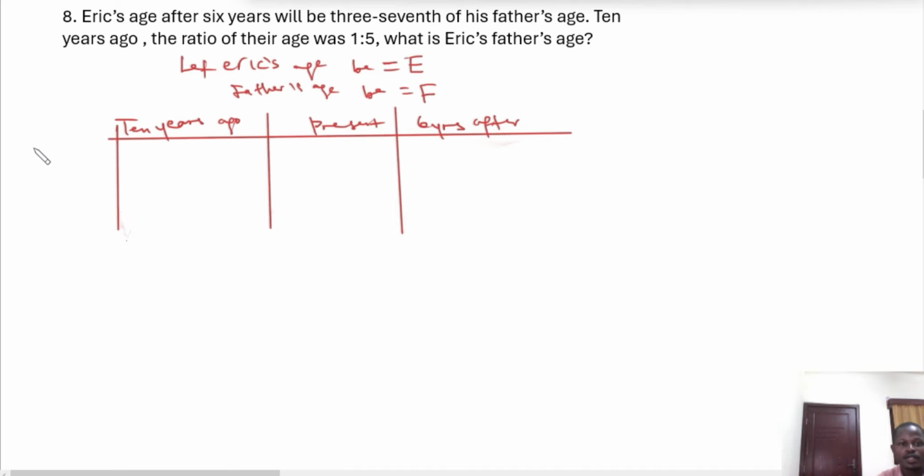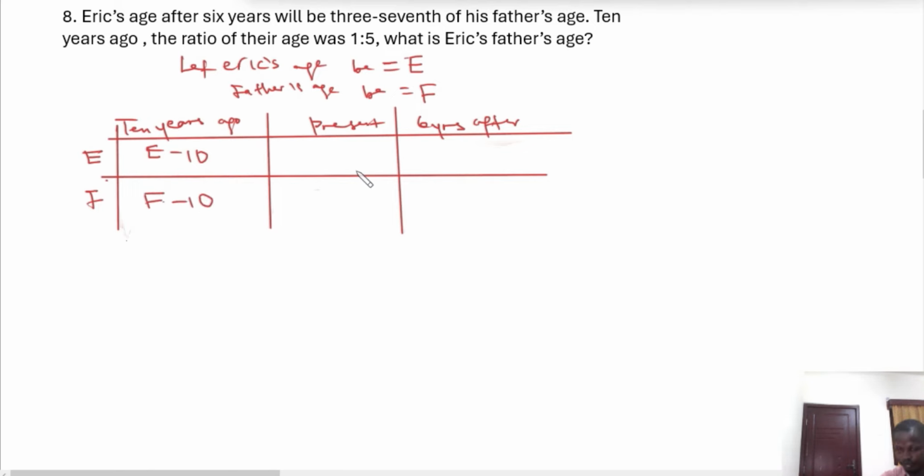Let's divide these lines into two: Eric and his father. Here is Eric, and this is his father, F. We say Eric's age is E and his father's age is F. 10 years ago, Eric's age will be E minus 10, and his father's age will be F minus 10.